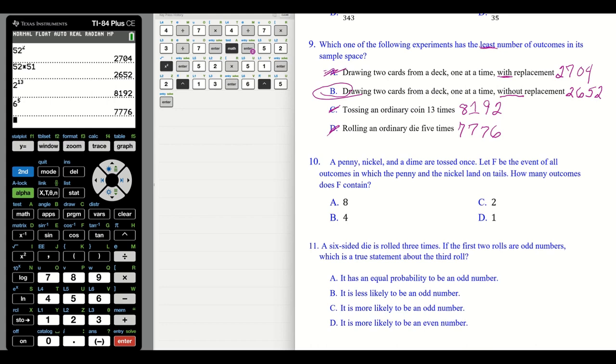Well, that would be the penny landing on tails and the nickel landing on tails. That's simply 2 outcomes. Okay, they're not asking about probability. That's kind of a trick question. Okay. Let's move on.